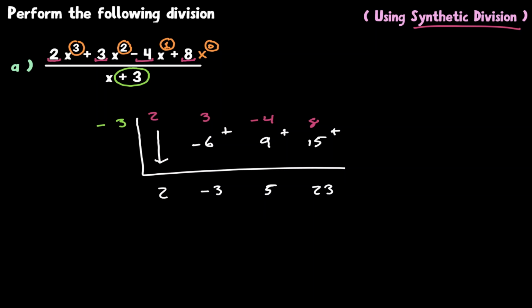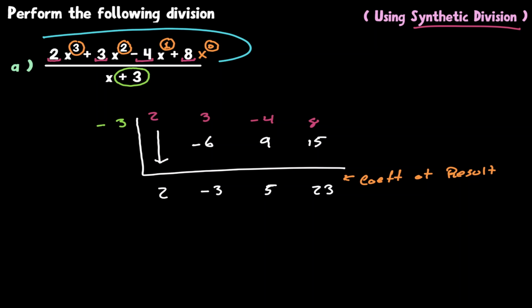And we are done. The values that we have obtained from our calculation, 2, -3, 5, and 23, are going to be the coefficients of our result. When we were performing our division, notice that in the numerator the highest degree was 3.